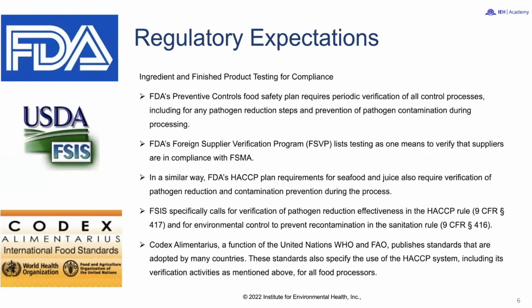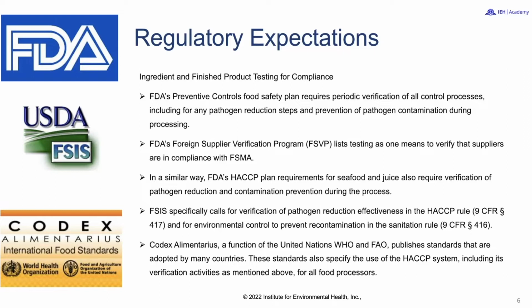So every regulatory body you can think of, and we could have made this slide list even longer, but FDA, USDA, WHO, FAO through Codex Alimentarius, everybody requires and recommends and endorses microbiological testing for pathogens for the purpose of verification. It's just not something that's debated anymore.